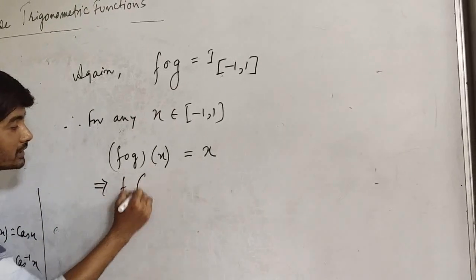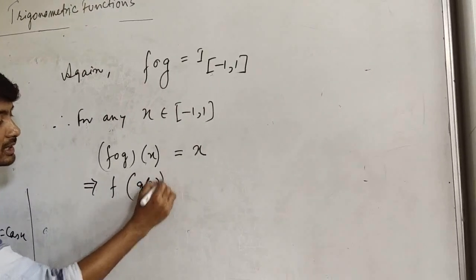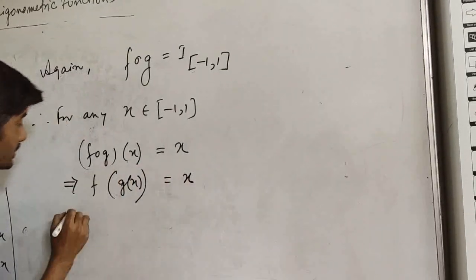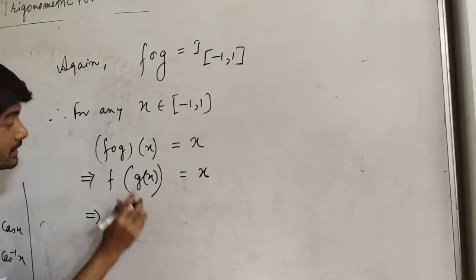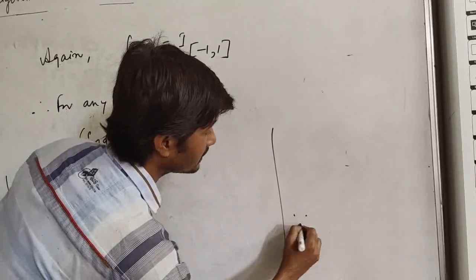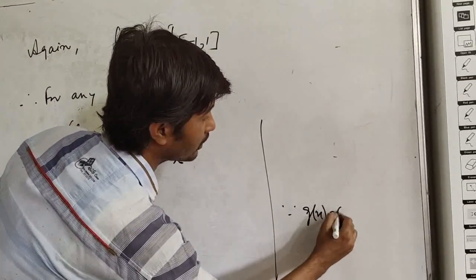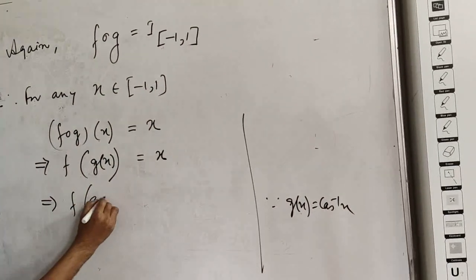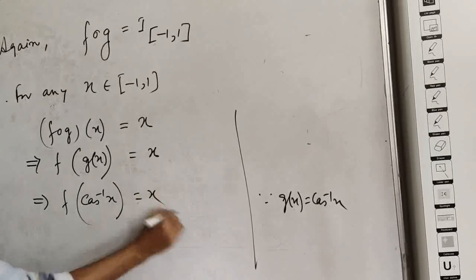That is, using the definition of composition of functions, f(g(x)) is equal to how much? x. Now see, g(x) here is what? Since g(x) is the cos inverse x function, therefore we may write here g(x) = cos inverse x.